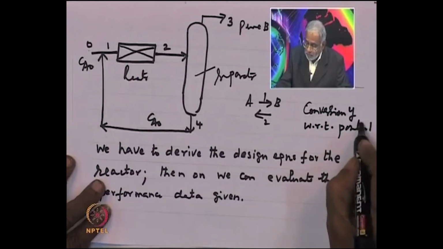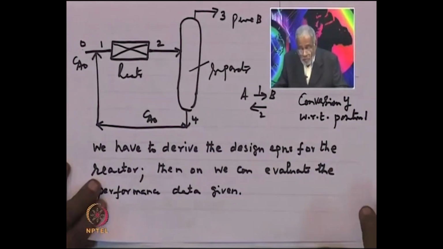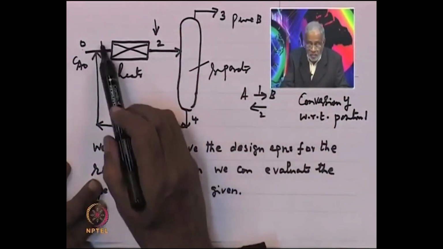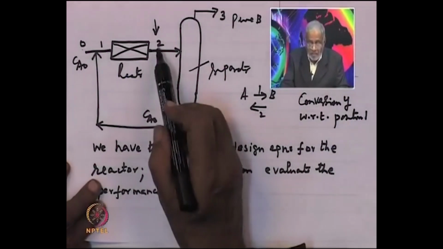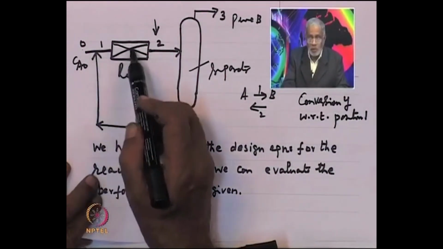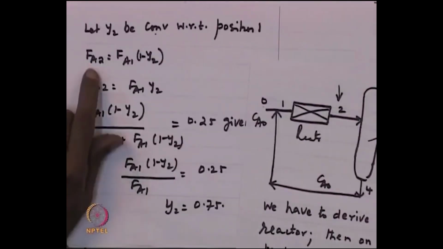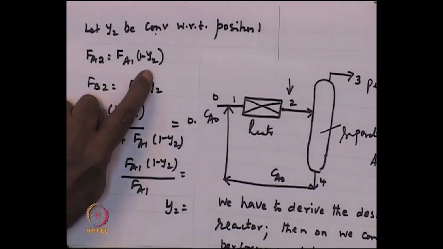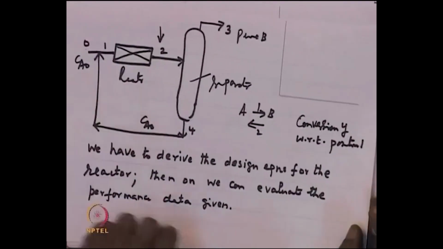What do we mean? If I want conversion at position 2 and our reference is position 1, then FA2 equals FA1 multiplied by (1 minus Y2). That is how we are defining conversion here.